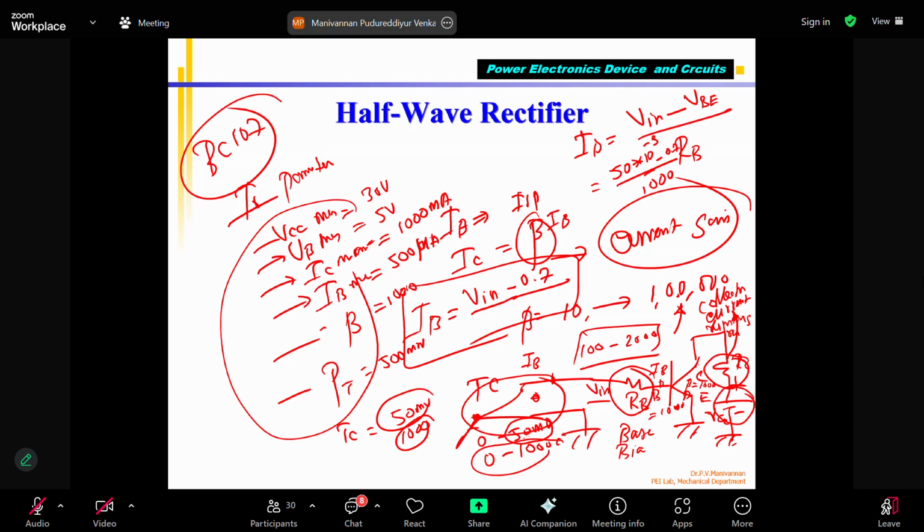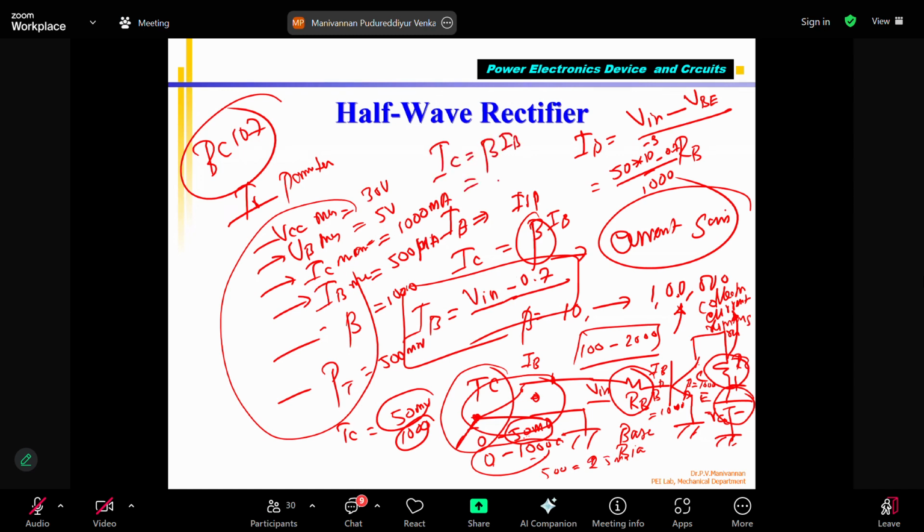It is not there. So now if I connect my thermocouple directly, and I vary my temperature from 0 to 1000 degrees, my sensor gives 0 to 50 millivolts only. If the temperature is 500 degrees, it gives 25 millivolts. Correct? Now if I directly connect it to my transistor base, what will I get as output? Output is IC. IC equal to beta times IB.